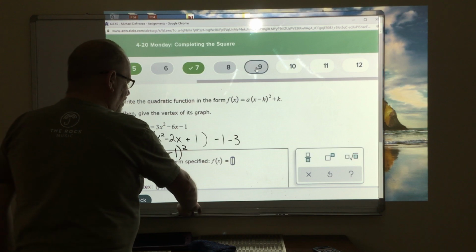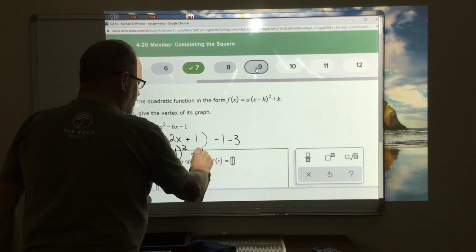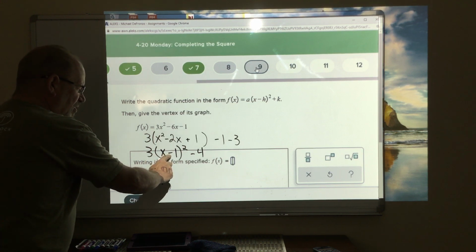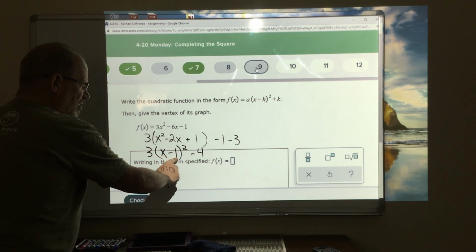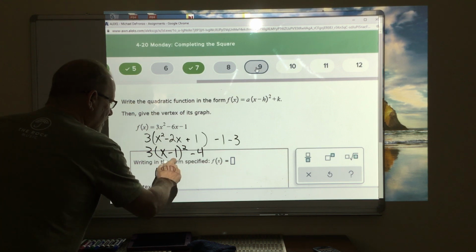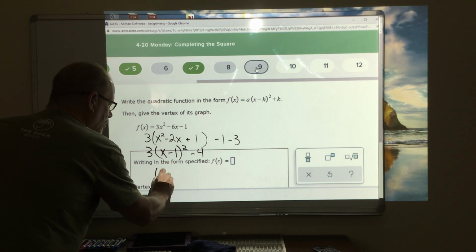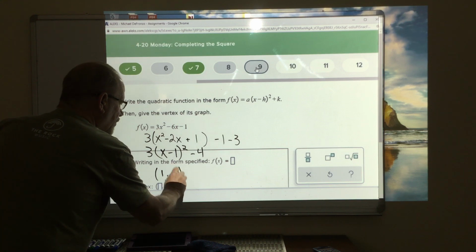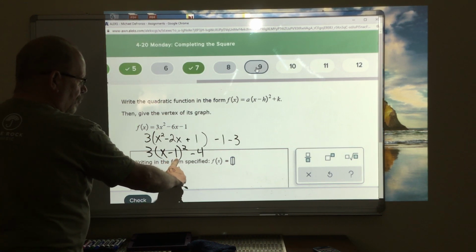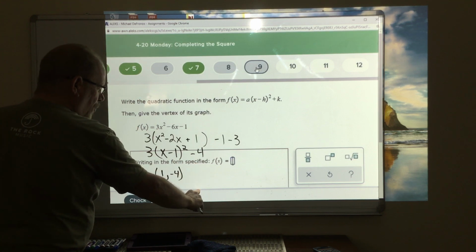And outside the parentheses I have -4. So here, since this is already a minus, this is my h. So my vertex is going to be at the coordinates 1, -4. In other words, if I was graphing this, I would shift it right 1 and down 4.